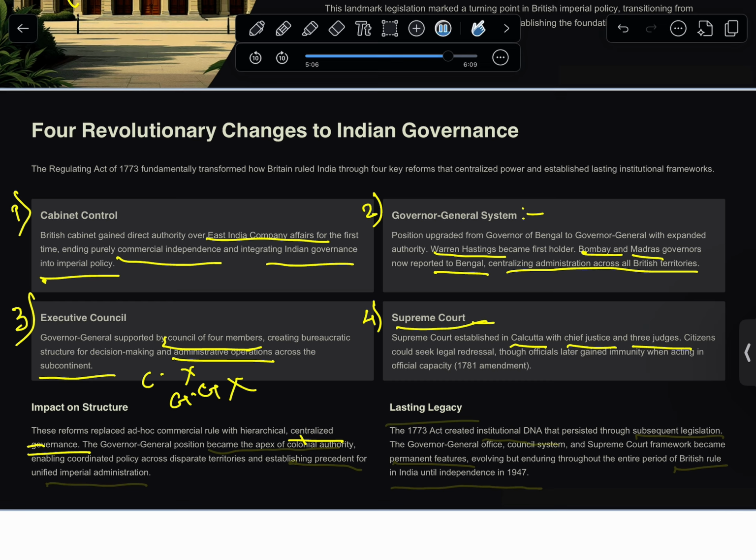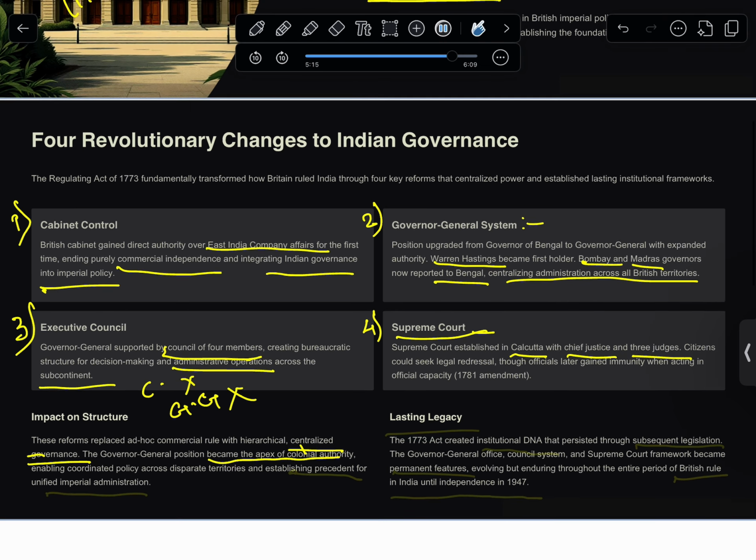The Governor General's position became the apex colonial authority, as we said earlier, which enabled coordinated policy across disparate territories and established a precedent for unified imperial administration.